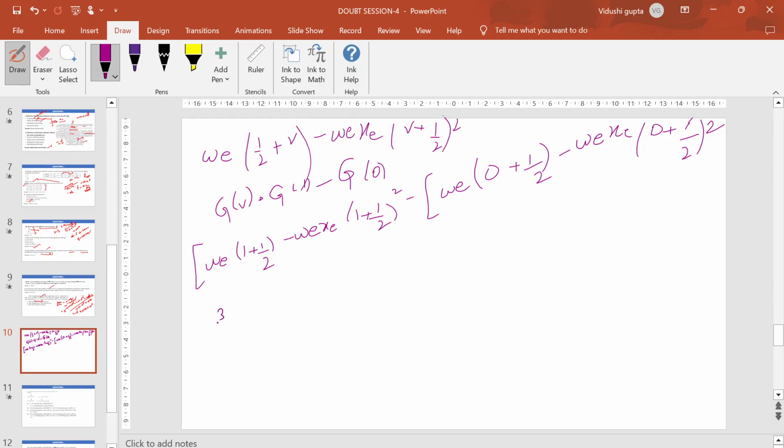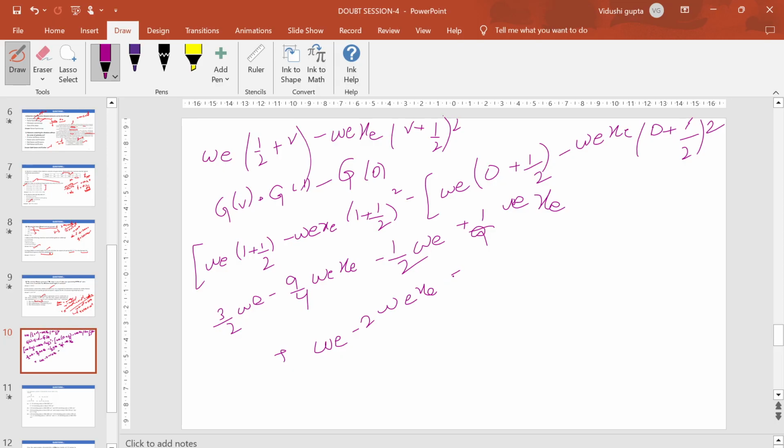So it will be 3 by 2 omega E minus 9 by 4 omega E XE minus half omega E plus 1 by 4 omega E XE. So if you solve this, it will be omega E minus 2 omega E XE.